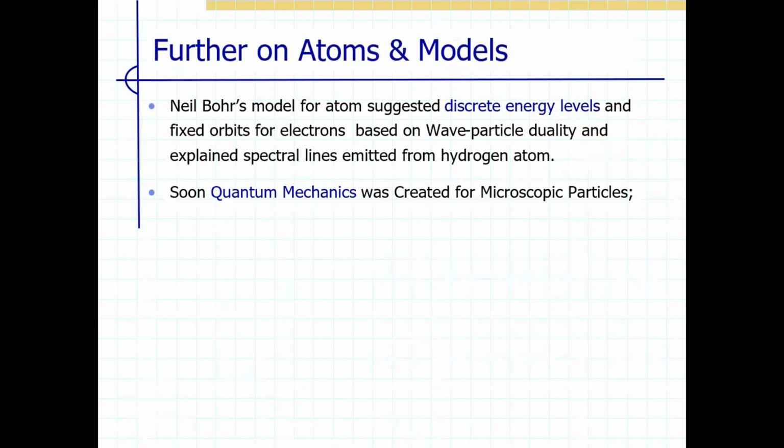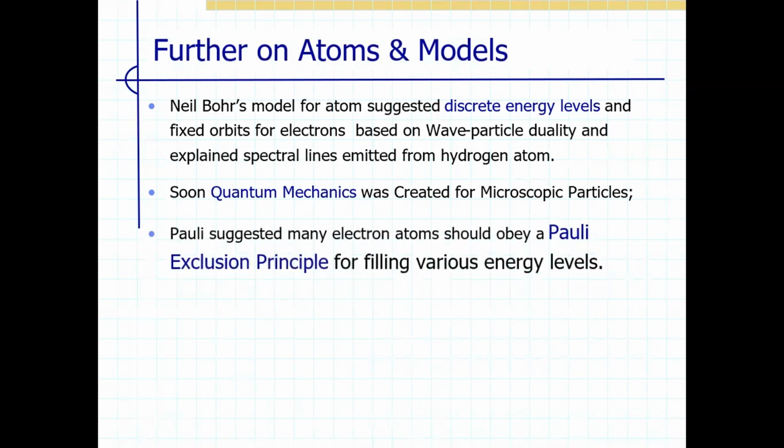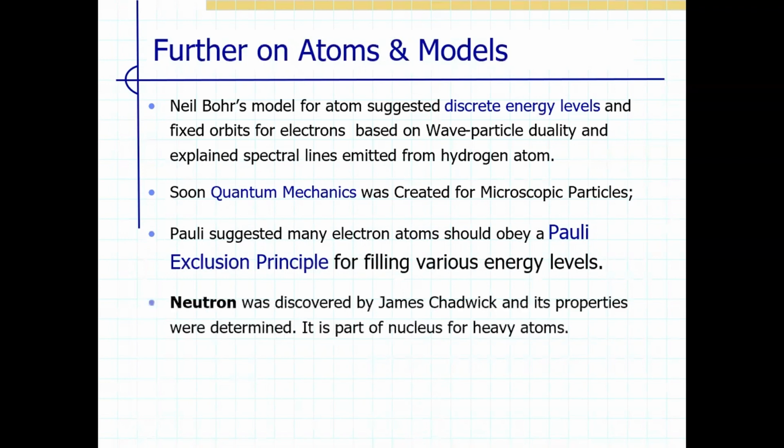And soon quantum mechanics was created at a microscopic level, and Pauli suggested that many-electron atoms should obey the Pauli exclusion principle for filling up the various energy levels, and that's how the energies and the shells were filled. Also the neutron was discovered by James Chadwick, and its properties were determined, and it was part of the nucleus for heavy atoms, and that's how the atom's picture was complete.